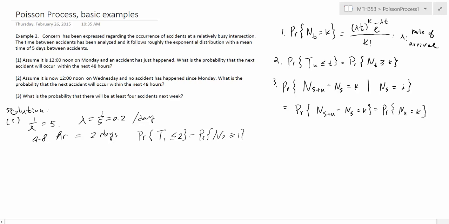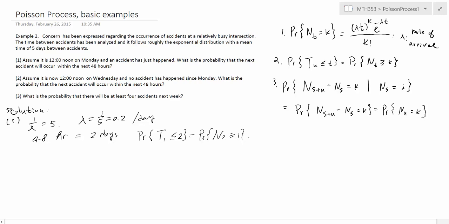And we can ignore the accident that happened at 12 noon because that's in the past. We know the exponential distribution has this property of memorylessness.